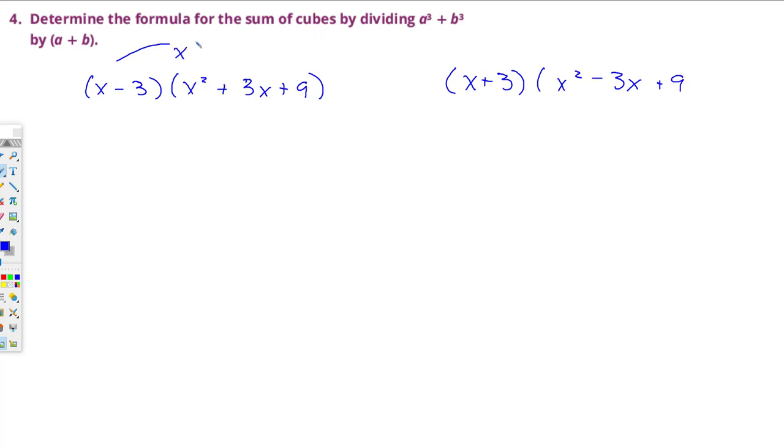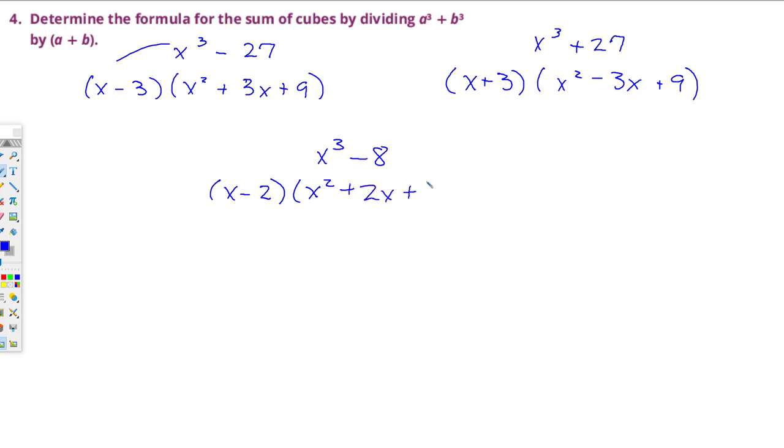And that was when we had the original equations of x cubed minus 27 and x cubed plus 27. And then when we had x cubed minus 8, we had x minus 2, and the second parenthesis was x squared plus 2x plus 4.